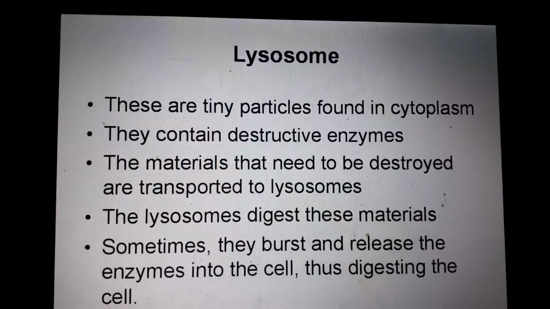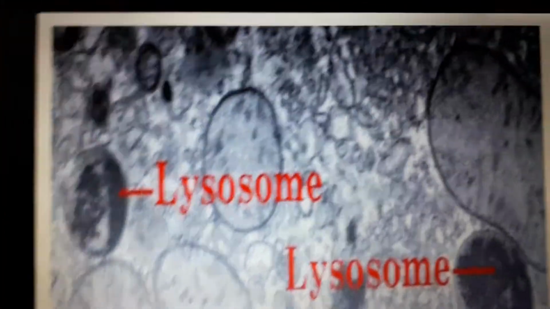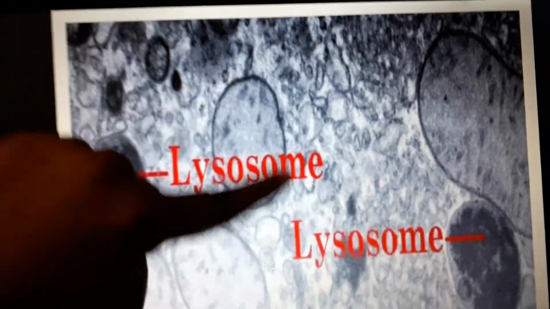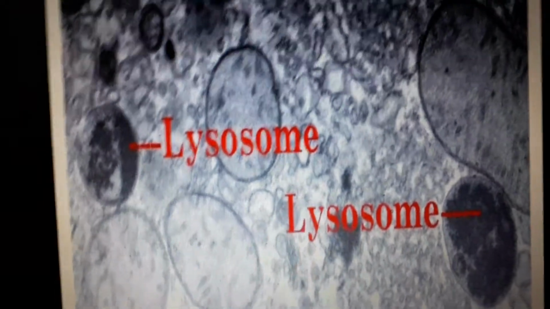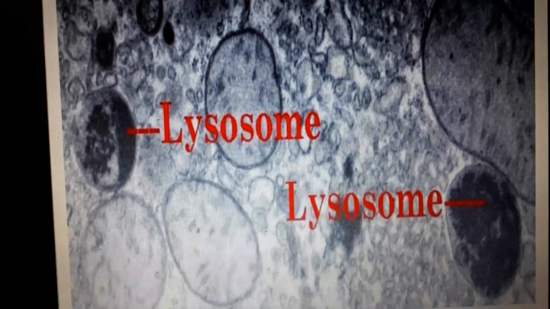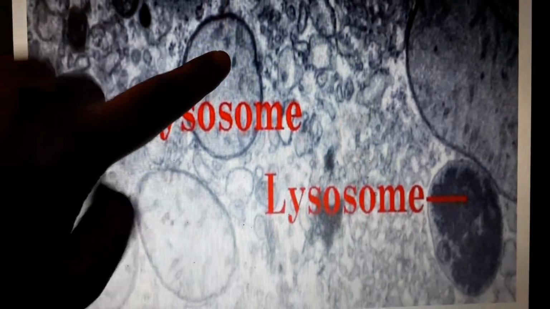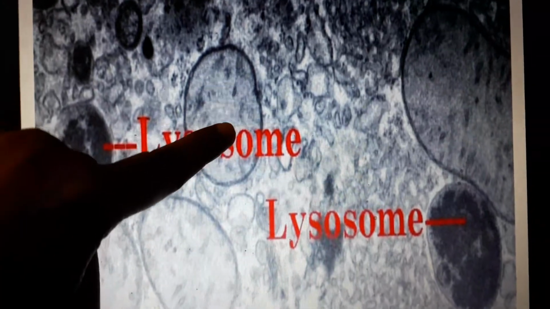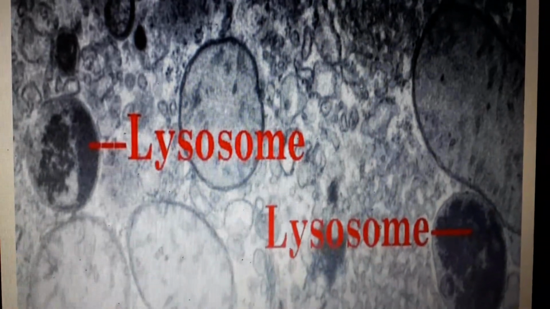Okay. So, when you observe the lysosomes, these are very tiny structures that are found in the cytoplasm. What does a lysosome do? Lysosomes contain destructive enzymes that are capable of destroying anything.